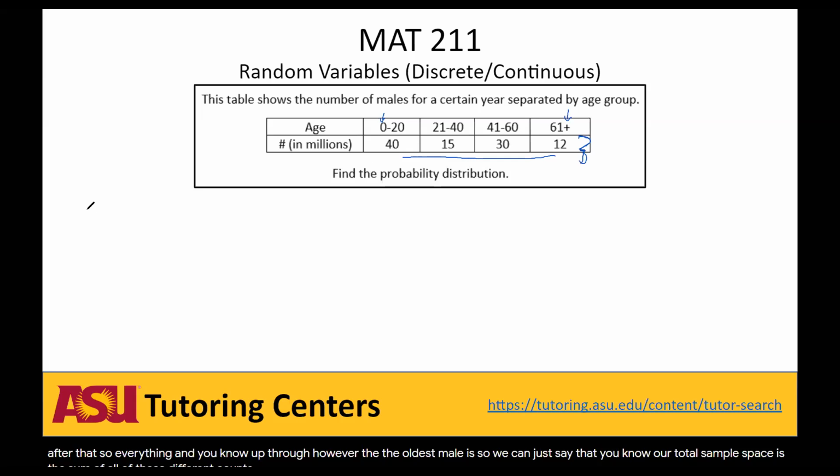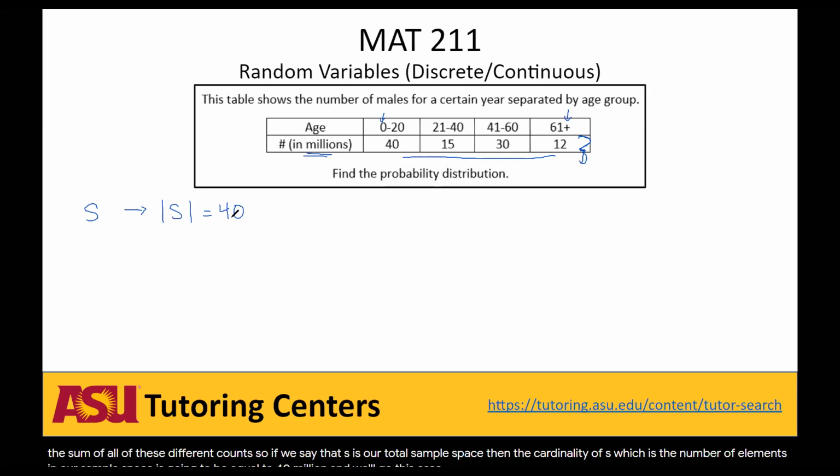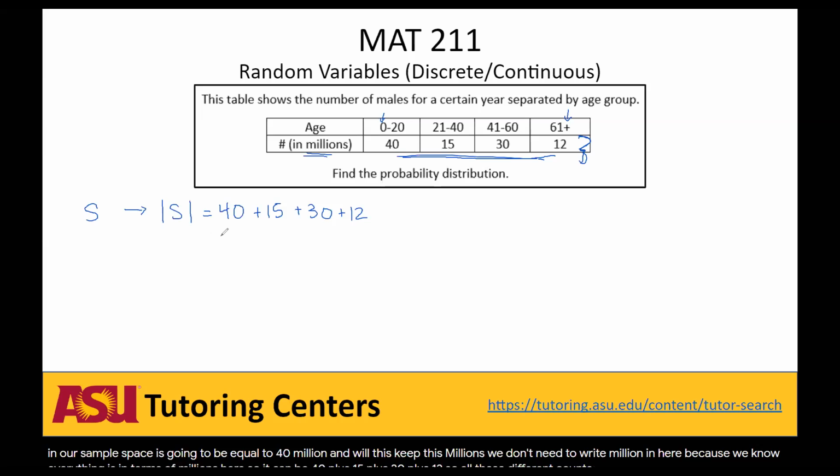If S is our total sample space, then the cardinality of S, the number of elements in our sample space, is 40 plus 15 plus 30 plus 12. We'll just keep this in millions. This equals 97 million, which is the cardinality of our sample space.